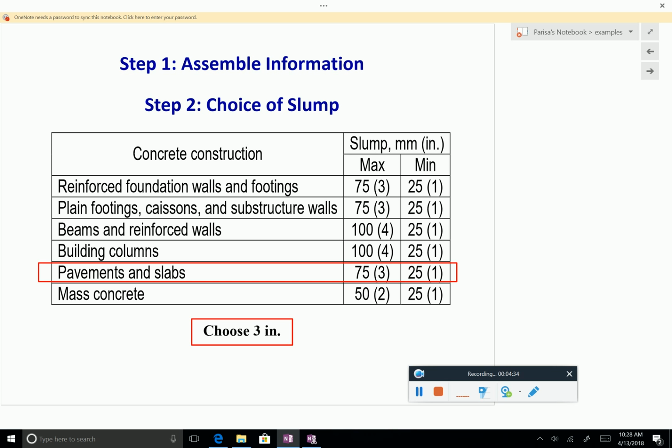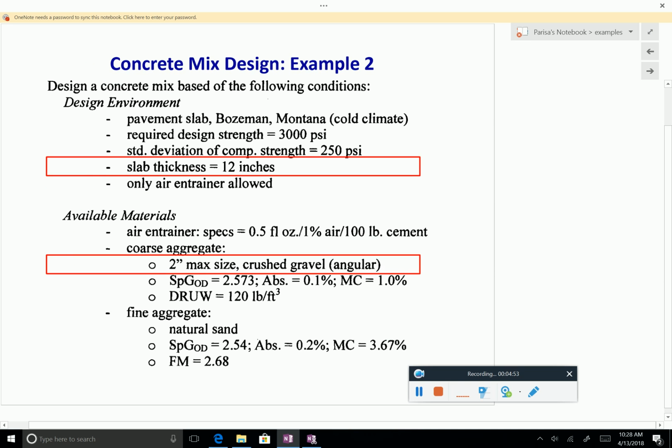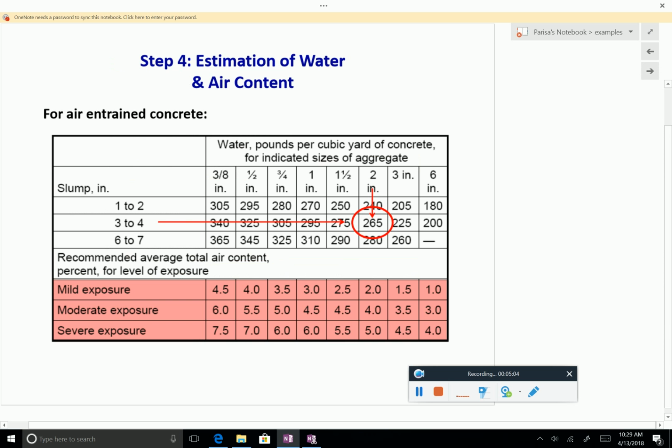So I'm choosing a larger slump for better workability. And then maximum size aggregate for unreinforced concrete slab. You saw it previously, and it was 12 divided by 3, and you have some constraint in the problem.